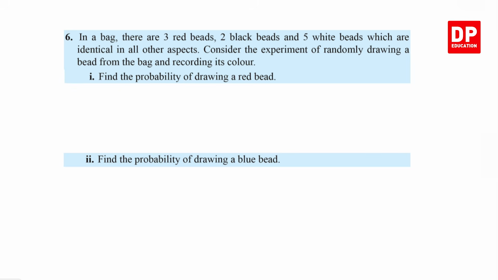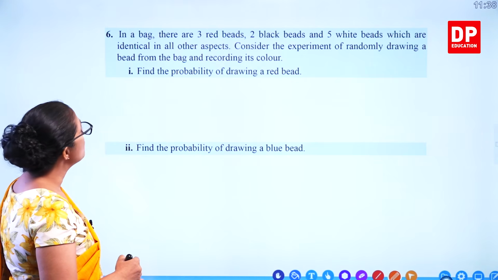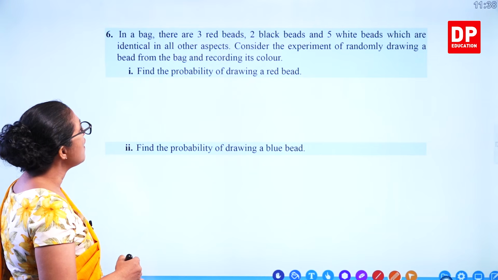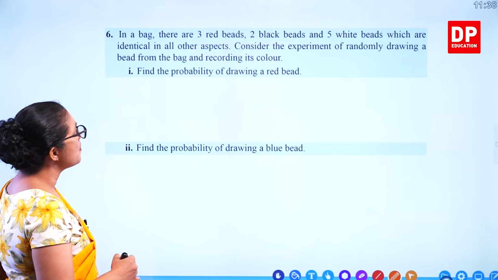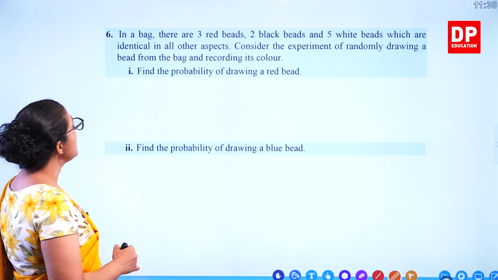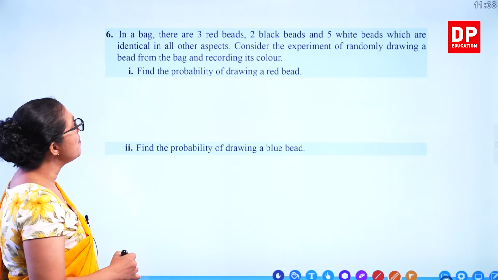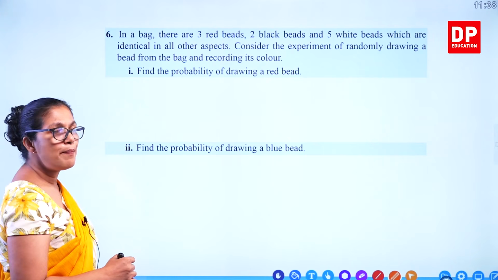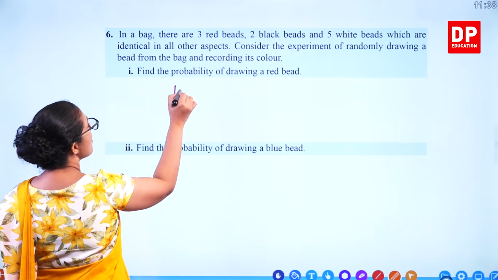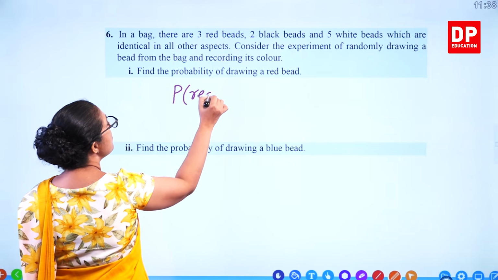In a bag, there are 3 red beads, 2 black beads and 5 white beads which are identical in all other aspects. Consider the experiment of randomly drawing a bead from the bag and recording its color. Find the probability of drawing a red bead. Probability of getting a red bead.